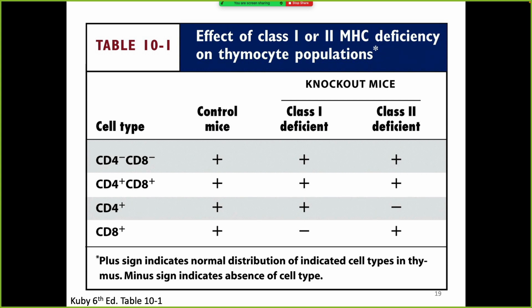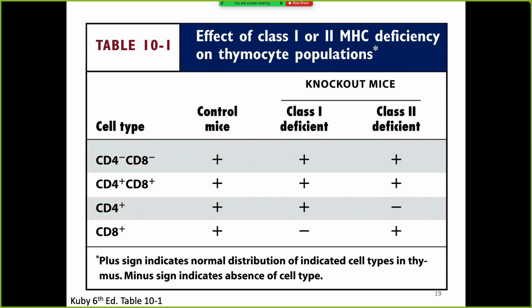So here we have control mice. We have mice who are missing MHC class 1. We have mice that are missing MHC class 2. And we can look at the thymus to look at which populations of thymocytes are present, as well as looking at the periphery to see which types of cells are present.